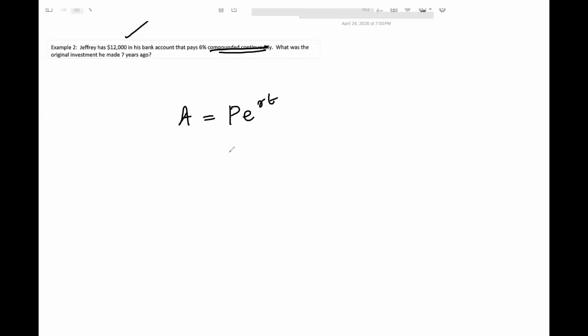That is why I am showing you this. If it is compounded continuously, I used to have this as a part of Algebra 2 class, but this time I don't think we got to do these problems at all. So, A will be equal to, this is the final amount, this is the initial amount, E is the Euler number, R is the rate of interest, and T is the time in years.